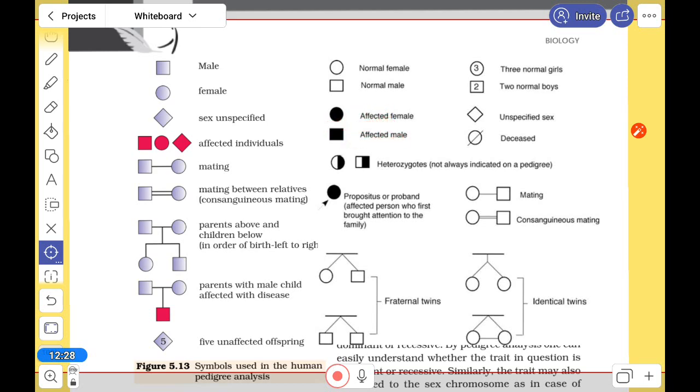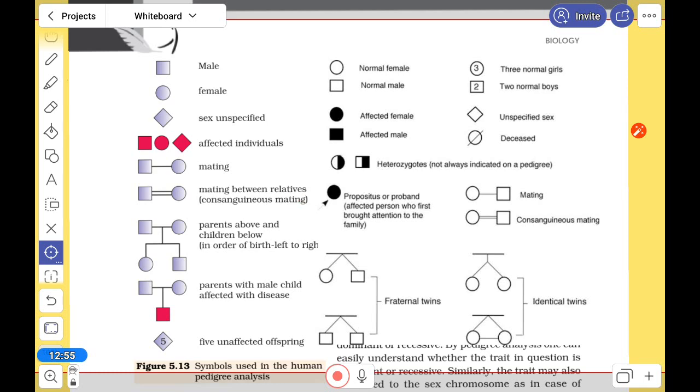Affected, normally we make it black. If you are using blue ink, then you have to make it darker. Here this is a heterozygous format. This sign is the mating sign. Here consanguineous mating is found in animals, not in human beings.